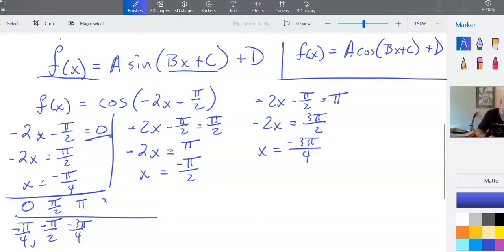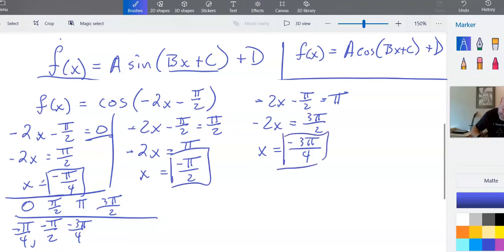Now we need to do 3 pi over 2. Right? So let's see here. We got negative pi over 4, negative pi over 2, negative 3 pi over 4. Now we need to set negative 2x minus pi over 2 equal to 3 pi over 2.